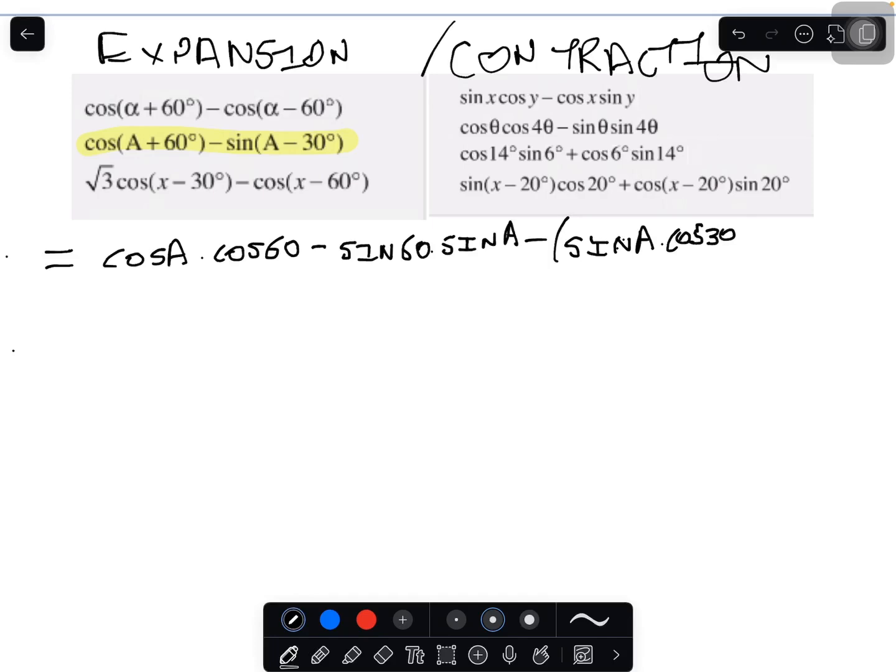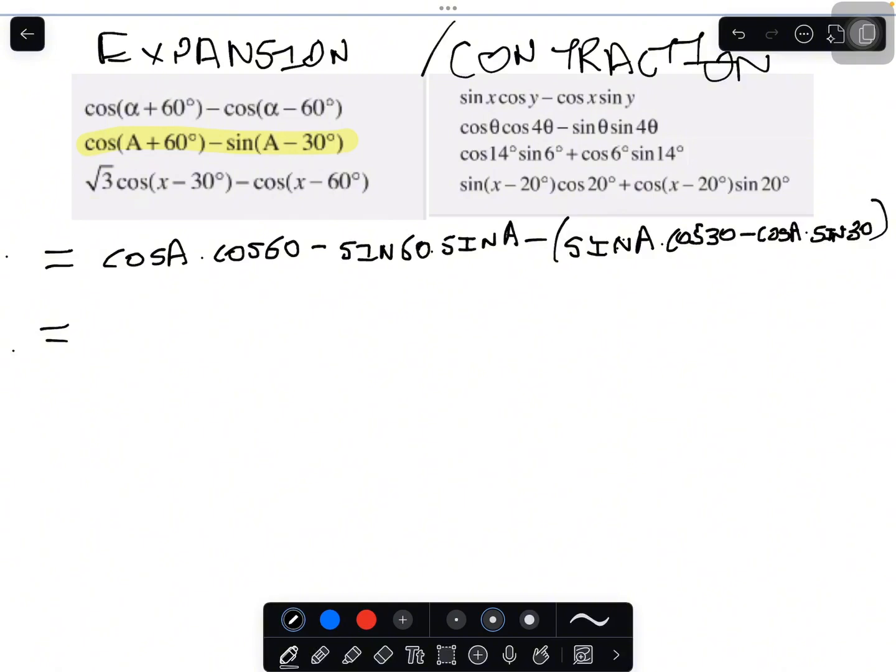Those two words sound the same. When I'm referring to sine now, I'm talking about the plus and the minus. So we're going to keep the minus, and we're going to have cos A times sine 30. Okay, the writing is a bit squashed because this expansion takes so much space, and I only have so much space on my screen, so please bear with me.